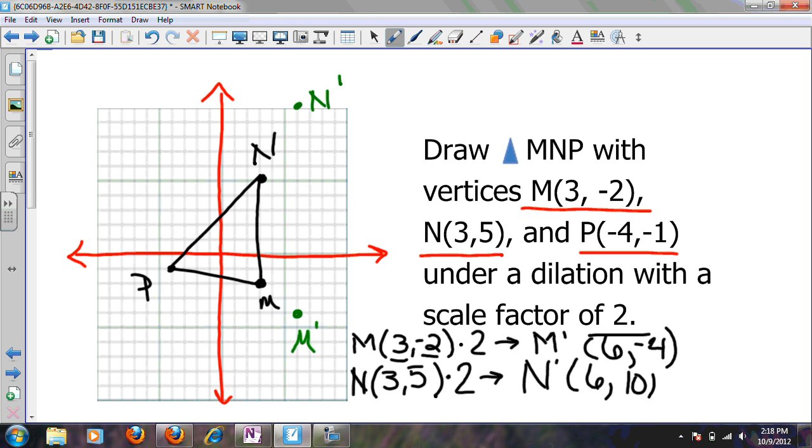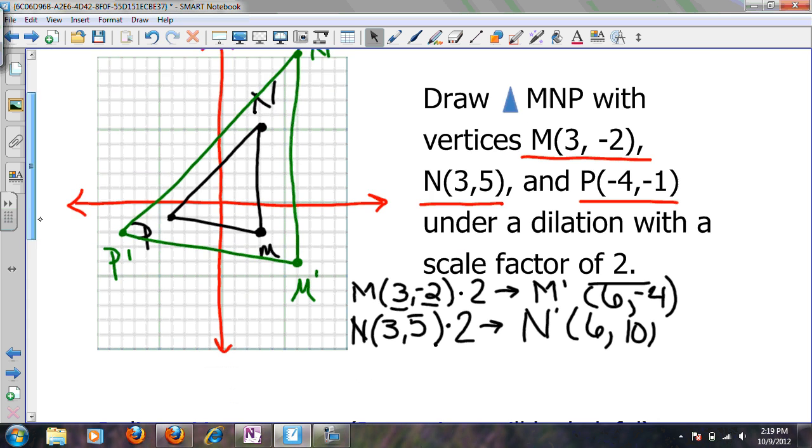You find the result of P prime. Now you can see my green triangle MNP under a dilation of a scale factor of 2.